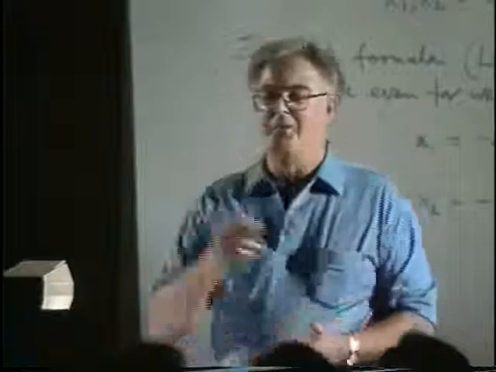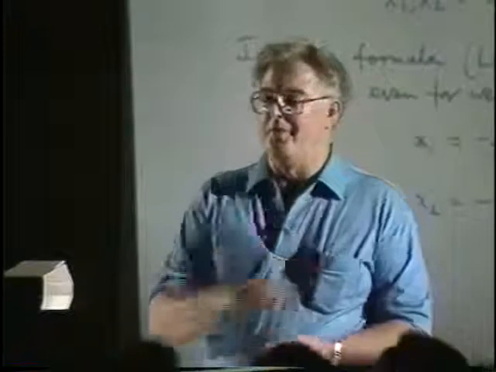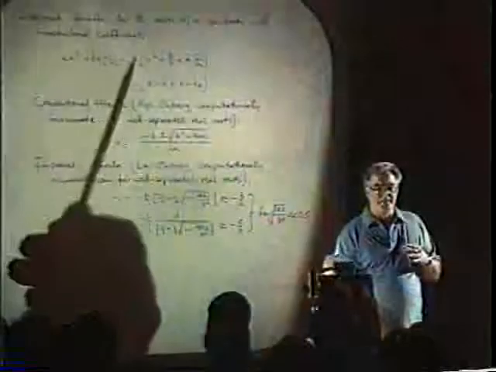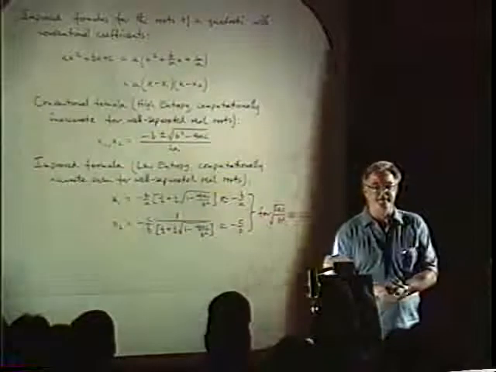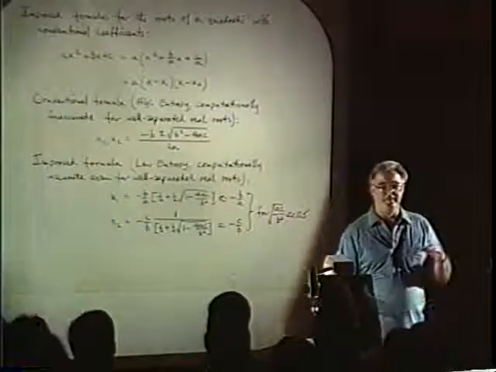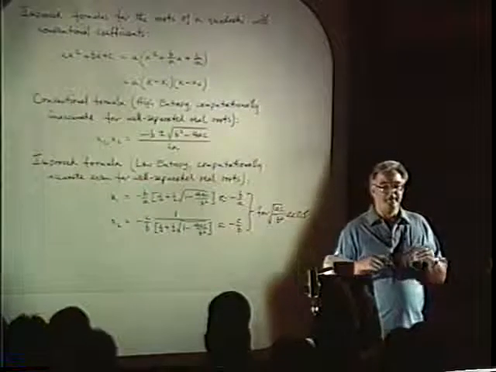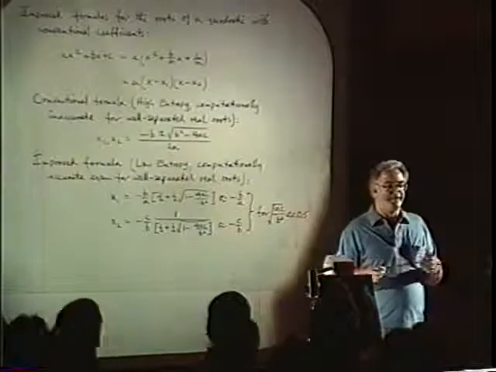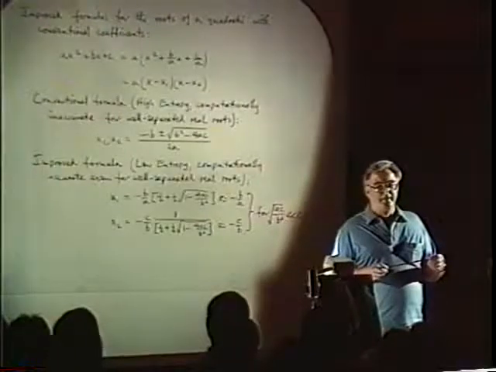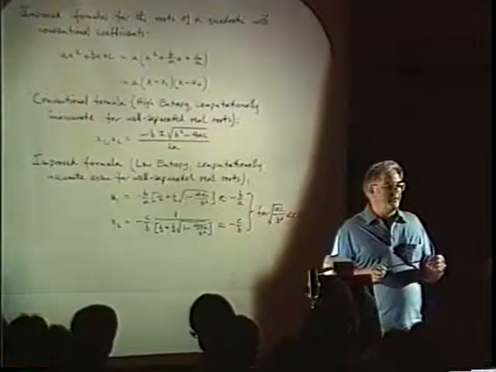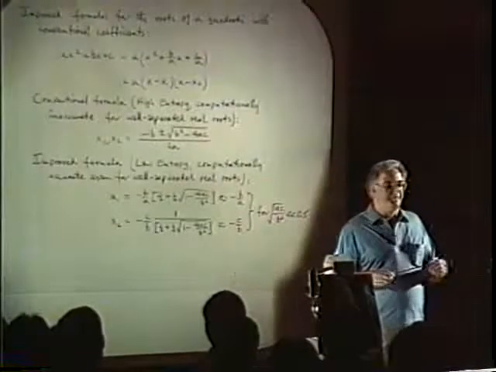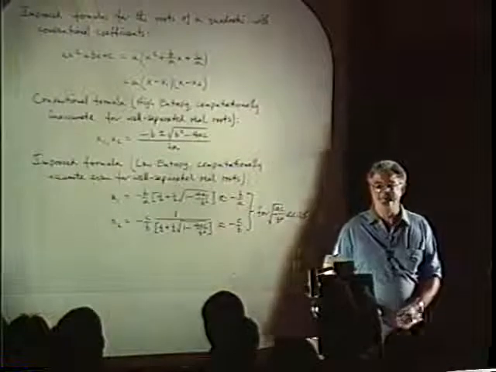In fact, it's worse than that, because what I showed last year was with the same numbers in the quadratic and the same calculator, by rearranging the equation into a different format, no approximation, you get another answer from the same calculator which is different from the first one. And that's kind of disturbing, because now you have to ask which is right. And worse than that, how do you know either one of them is right?